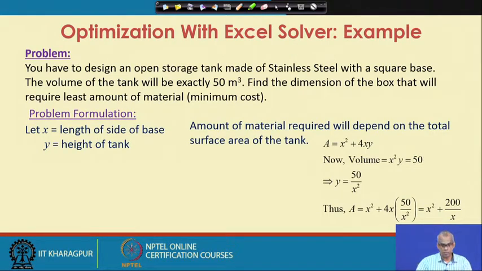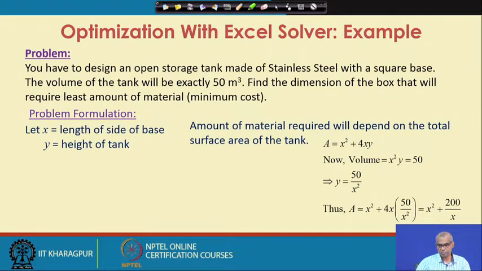So, let us formulate the problem. Let x equal to length of side of base and y equal to height of tank. So, area of the base is x square and area of 4 walls will be 4 x y.